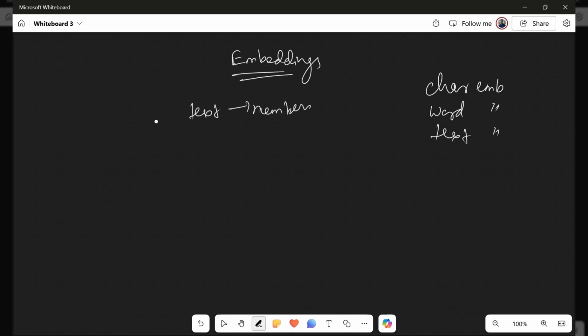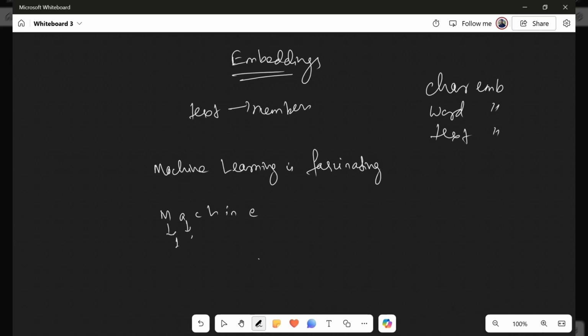For example, let's take an example: "Machine learning is fascinating." First, in character embedding, I will represent each character as one number. So in this word machine, I will represent M as one number, A as one number, C as one number.